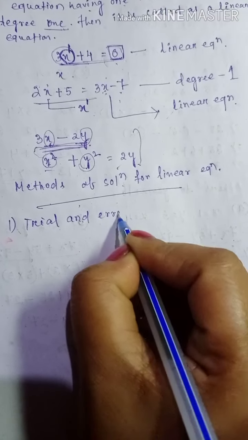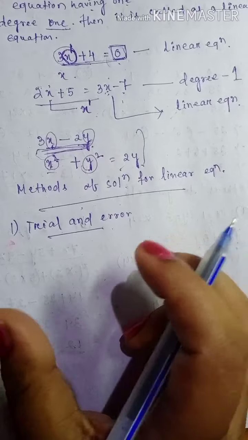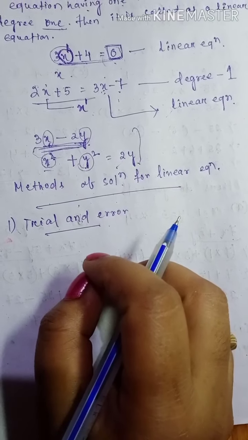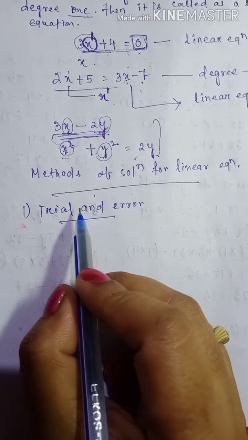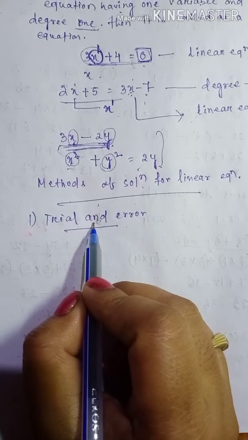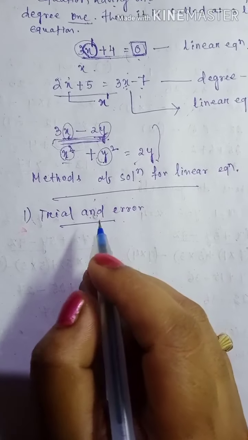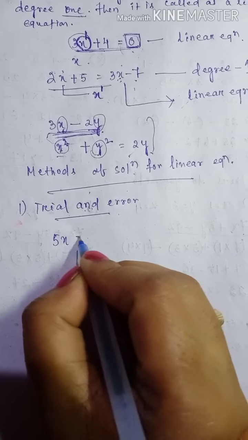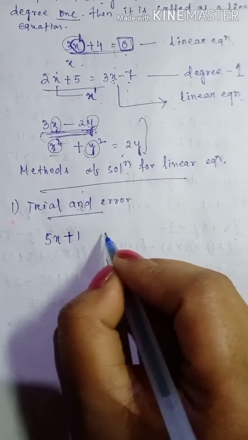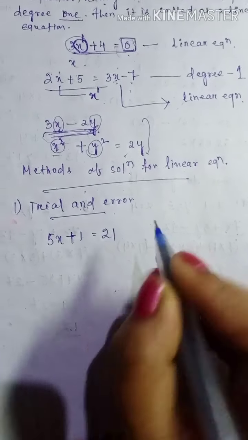What is the trial and error method? In this method, we first read the equation carefully and then put in values of the variable to find the one that gives the solution of that linear equation. Suppose I take the equation 5x plus 1 is equal to 21.